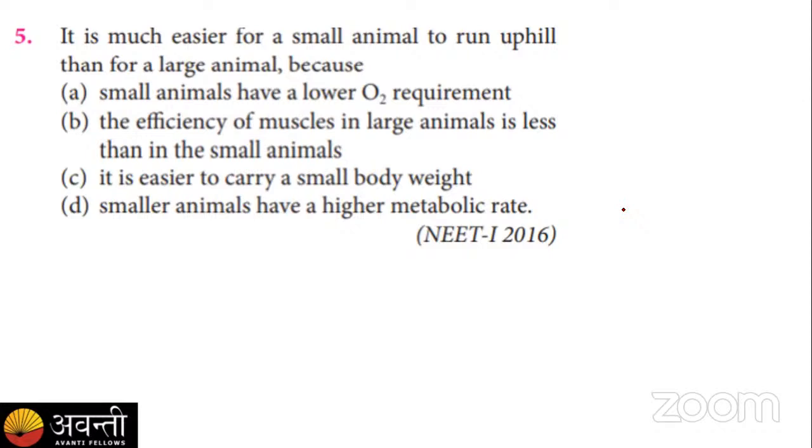You have to find the correct statement among the 4. Option A says small animals have a lower oxygen requirement. Option B says the efficiency of muscles in large animals is less than in small animals. Option C, it is easier to carry a small body weight. And option D says smaller animals have a higher metabolic rate.